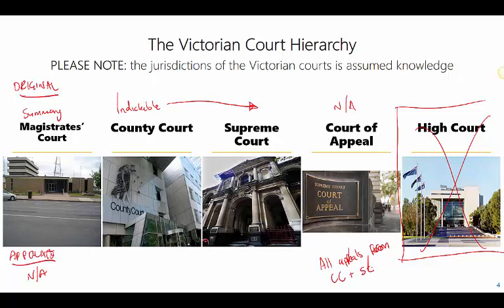Any appeals from the Magistrates Court are dealt with in the Supreme Court if it is on a point of law, and in the County Court if it is on conviction or sentence. Okay? Again, assumed knowledge. I'm literally just going to leave that there. If you don't know these jurisdictions, you need to go and do a little bit of work on it to make sure that all of this about the court hierarchy makes sense.